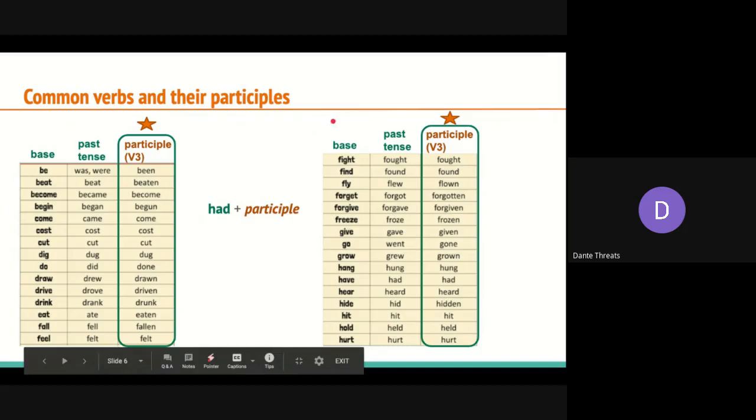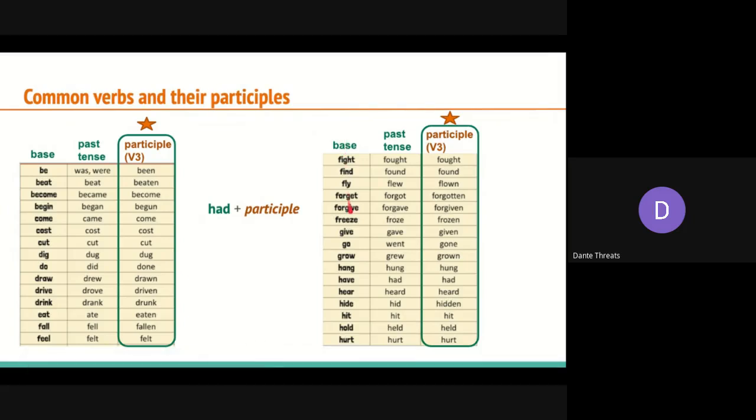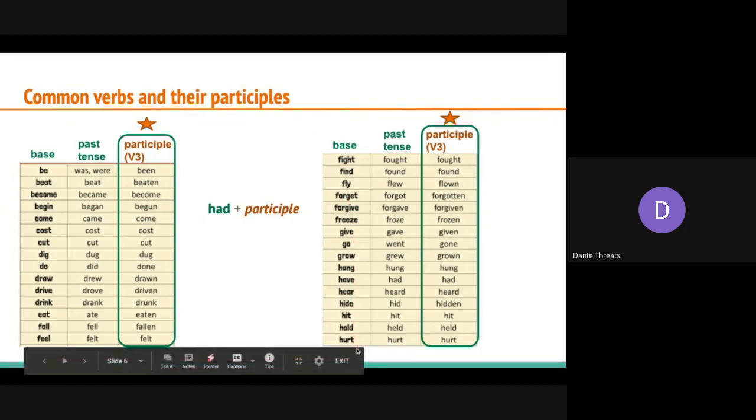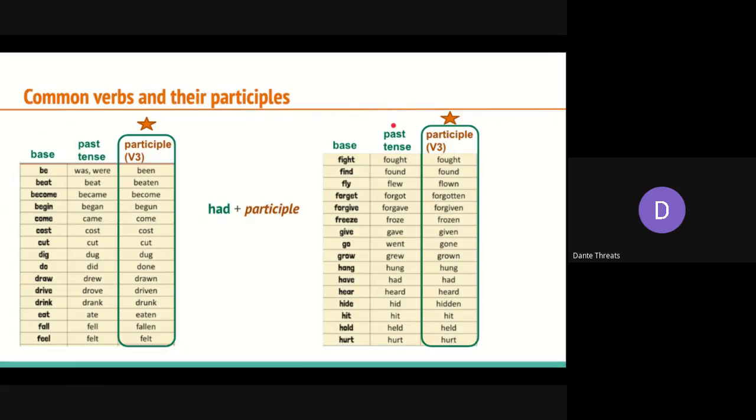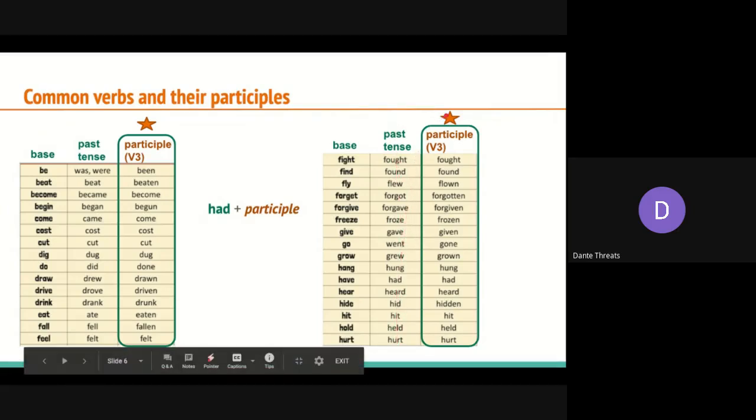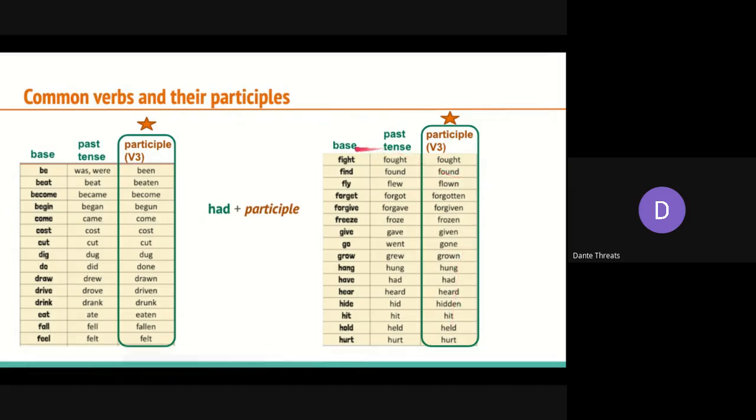Again, in this column, you have your base verbs, verb 1. In the second column, you have the past tense verbs or verb 2. And in this third column, you have the past participle or the verb 3. So as you read through these: fight, fought, fought. Base verb is find, past tense is found, participle, found.